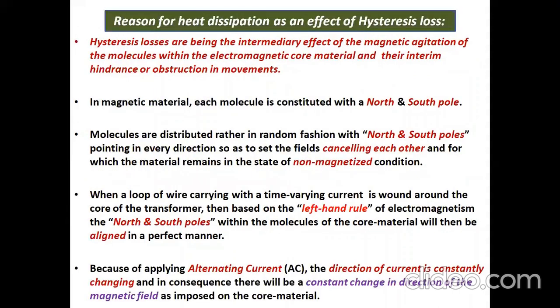Reason for heat dissipation as an effect of hysteresis loss: hysteresis losses are the intermediary effect of the magnetic agitation of the molecules within the electromagnetic core material and their interim hindrance or obstruction in movements.